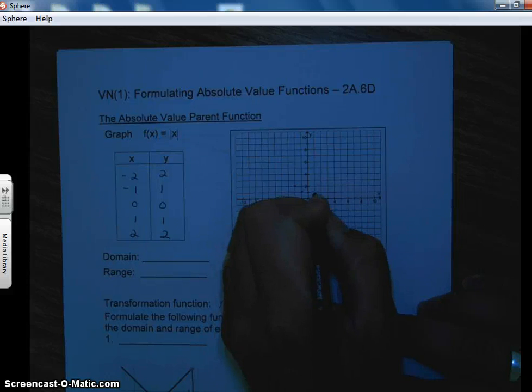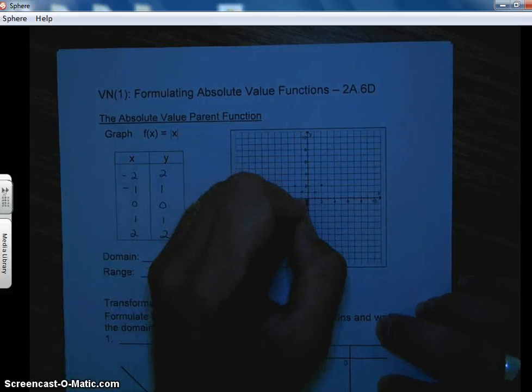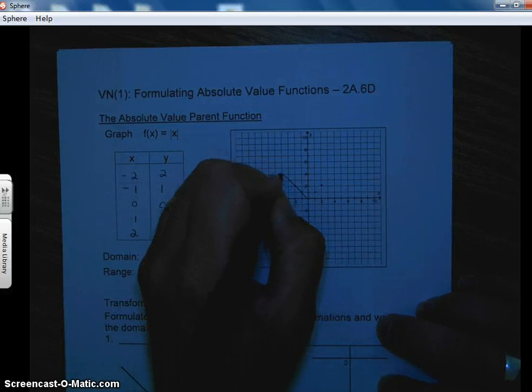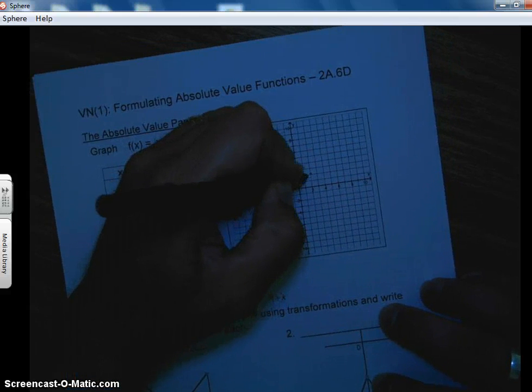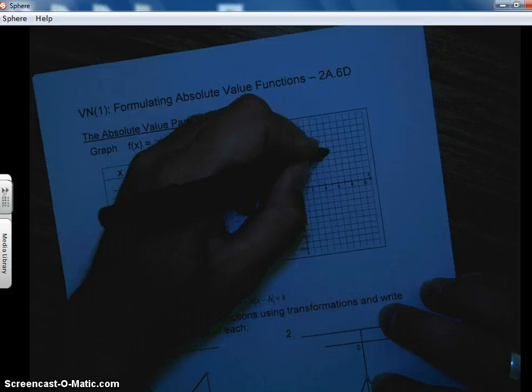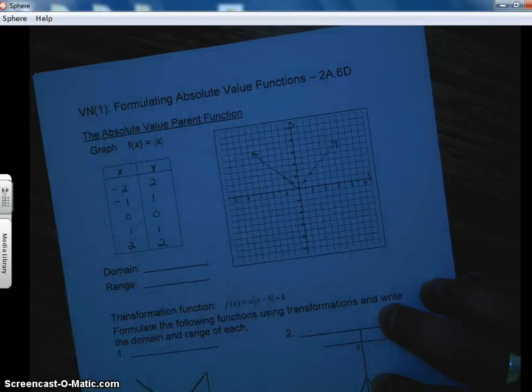Remember the absolute value function, when you graph one, it makes a V shape. Don't forget to put arrows on the ends.